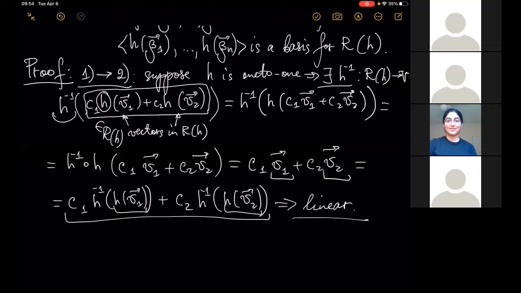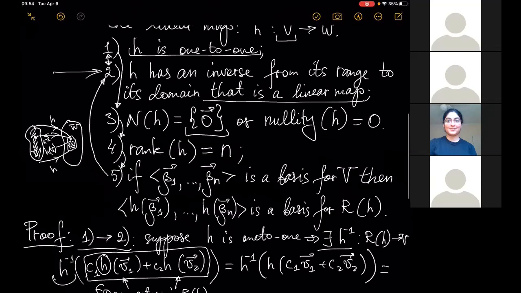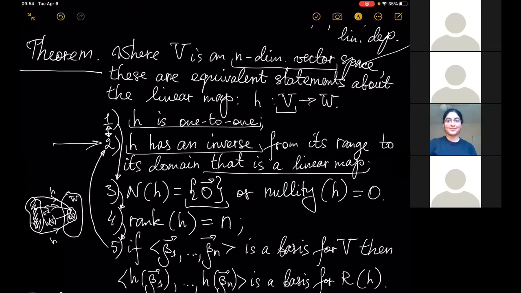Okay, so I have proven that H inverse is a linear map. Now, if H has an inverse from the range to the domain, and this is a linear map, then immediately I can use the fact that the inverse of the inverse is the original map.